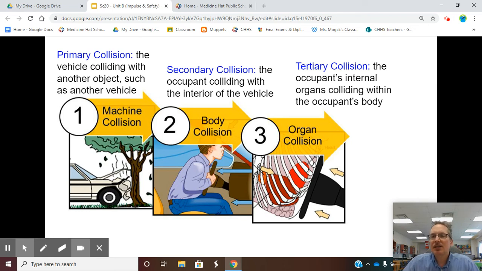In a collision, all 3 of these are going to take place. The vehicle will hit an object, your body will hit parts inside your vehicle, and then your internal organs will hit parts of your actual body. All 3 of these collisions will take place in a natural, everyday, let's say, car accident.